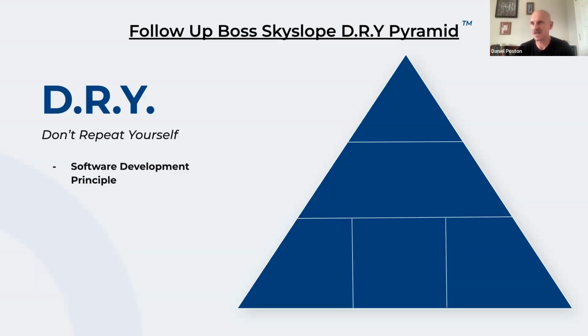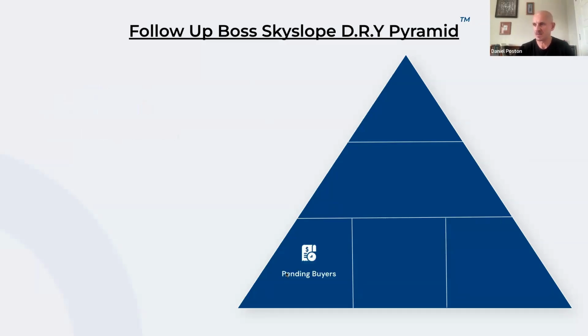How we're tackling that now is being able to enter data into Follow Up Boss and have it flow into Skyslope. First is pending buyers. There'll be a pending buyer form in the Follow Up Boss account. When that form is submitted, we're going to create the buyer transaction in Skyslope. For listings, we're going to have a listing agreement signed form as well as a pending listing form.